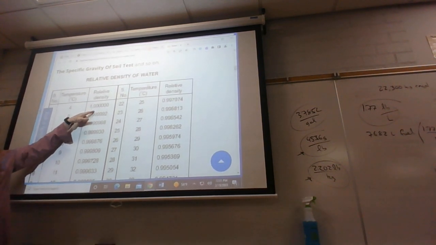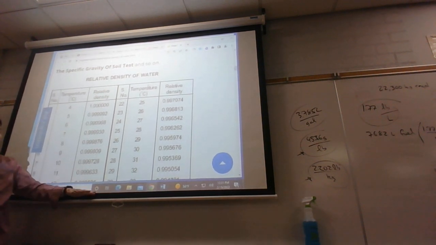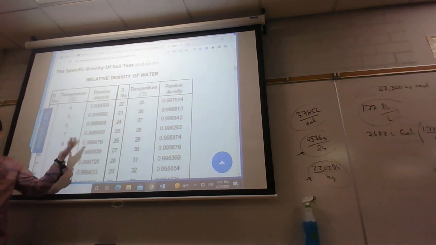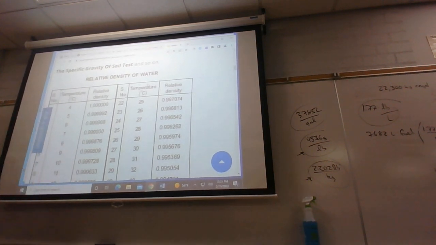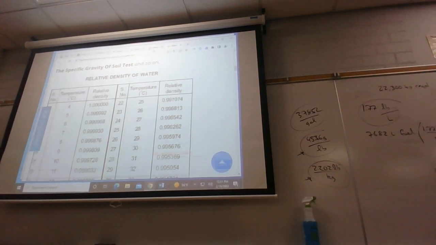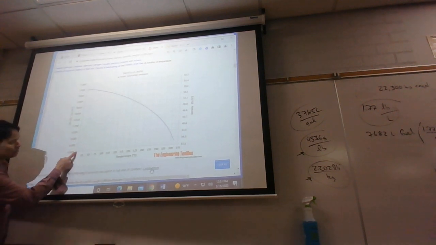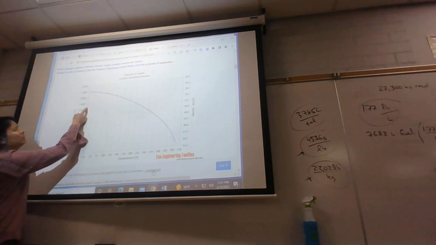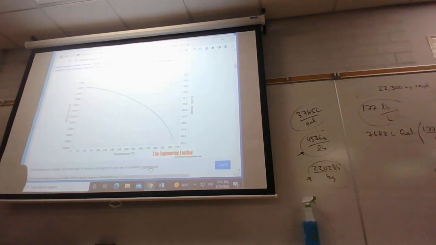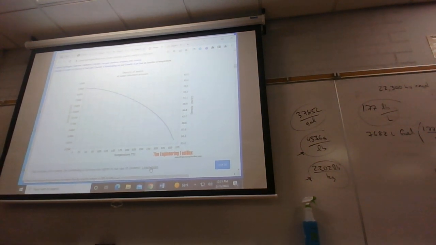Sometimes we do extrapolation, but we work with a data table. That's method one. Method two is graphical: if it's 4.9, I get a ruler, go to 4.9, go up and figure out what the density is. The best way is mathematical: just find the equation and plug.